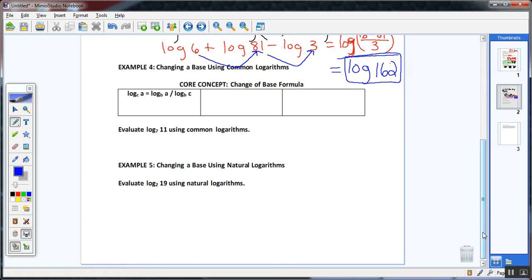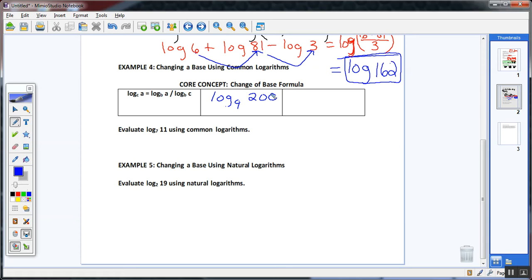So here's the deal. If I wanted to evaluate log of, and we did this already, somebody give me a base other than 10. 9. Okay, log base 9. Give me a value between 70 and 200. 200. Okay, so if I wanted log base 9 of 200, how did we handle this in the quiz or in previous sections?